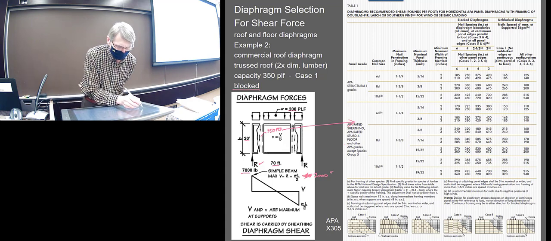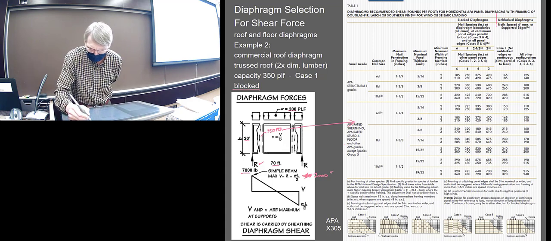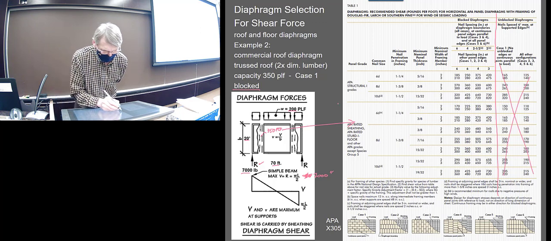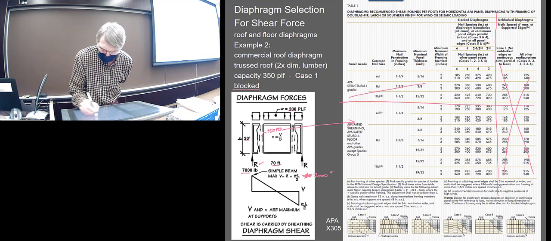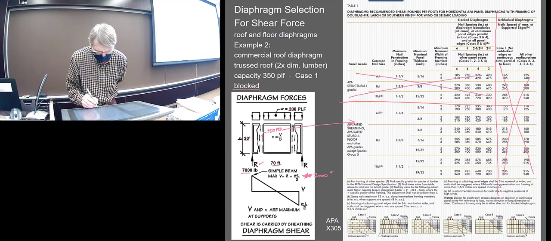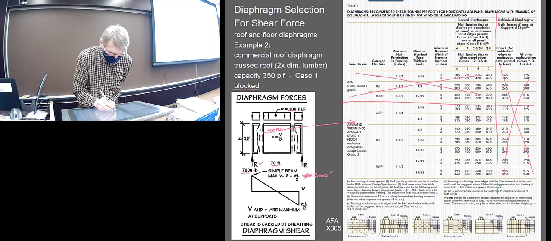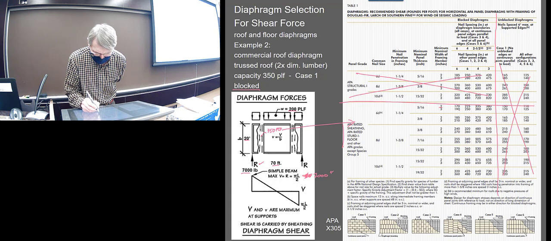And if I'm doing it for blocked, okay, so first we get rid of those. I'm going to use APA rated, I think. So I'll say we're not using that. So if I'm in this category here, using 2-inch members, and I've got to get 350, that would fail, fail, fail, fail, fail, fail.